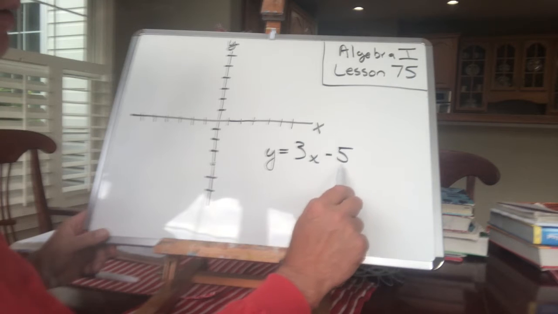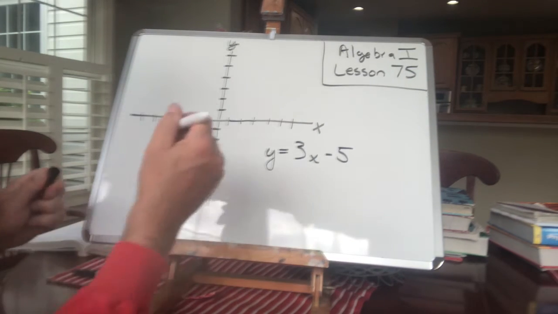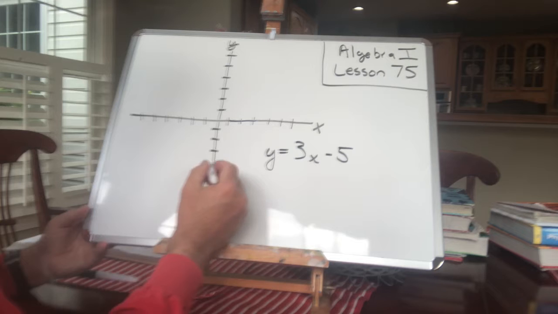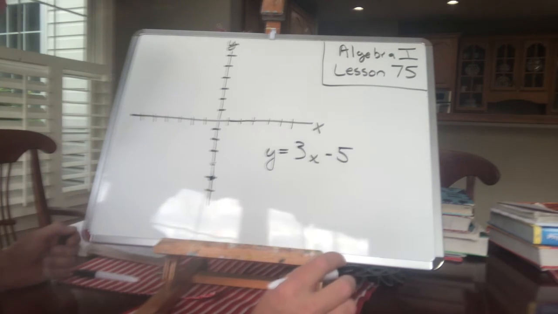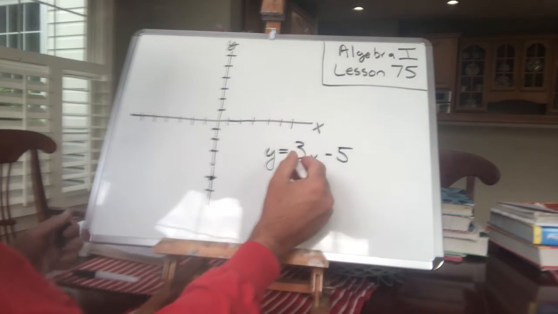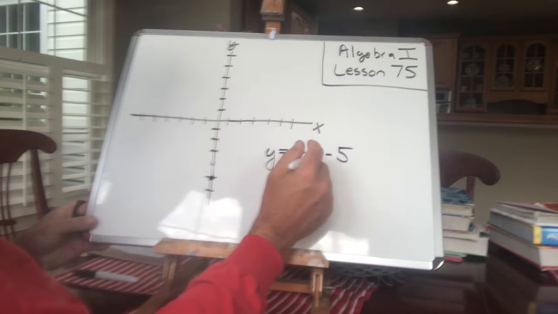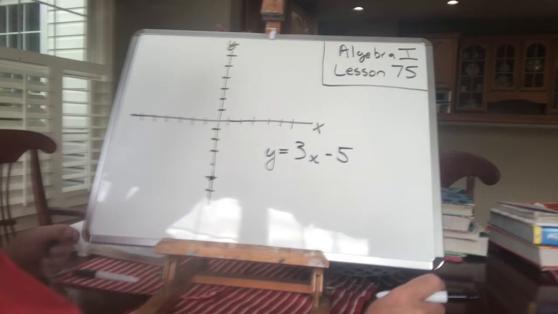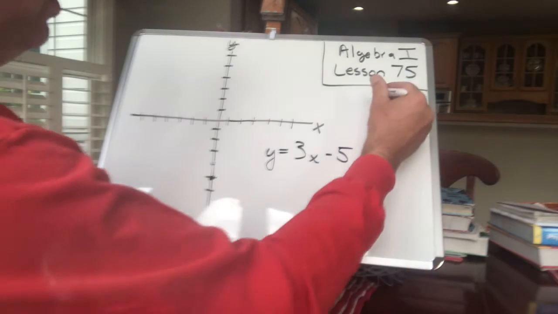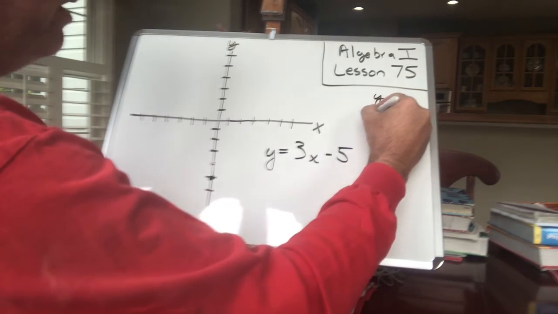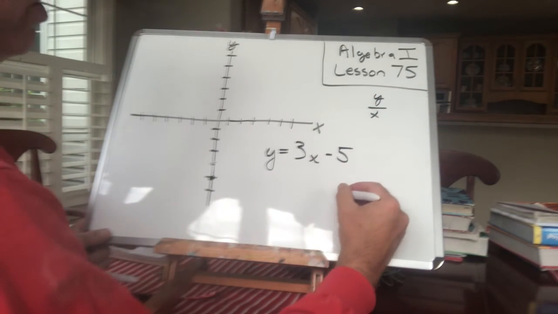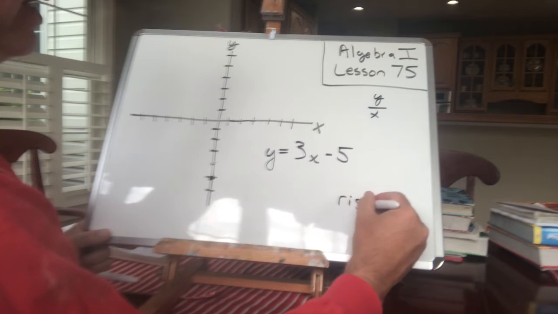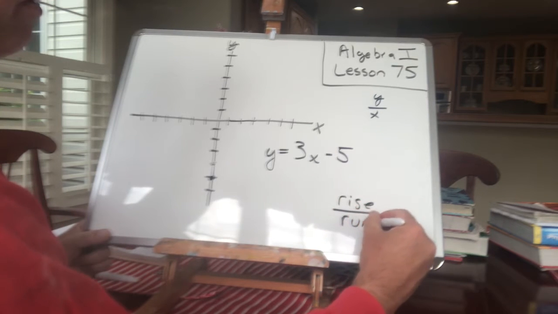So if this number here is -5 on the y-axis, that line falls down to 1, 2, 3, 4, 5. The line is going to intercept the y-axis at -5. This number right here, this 3, is the slope of a line, which is y over x, or rise over run.